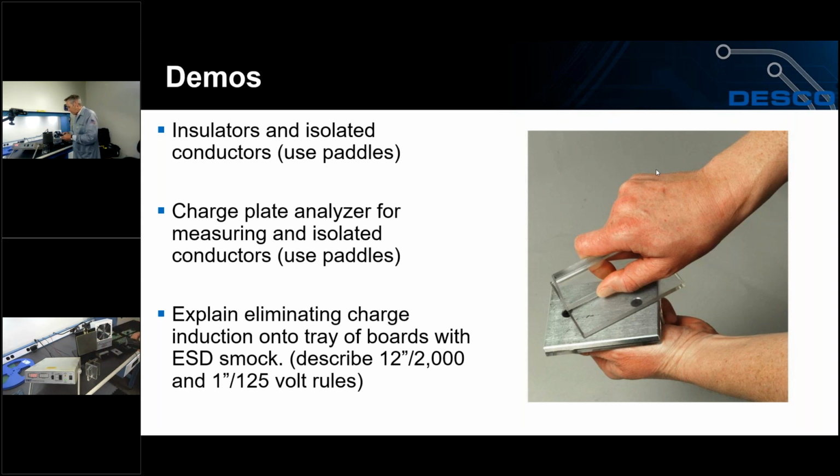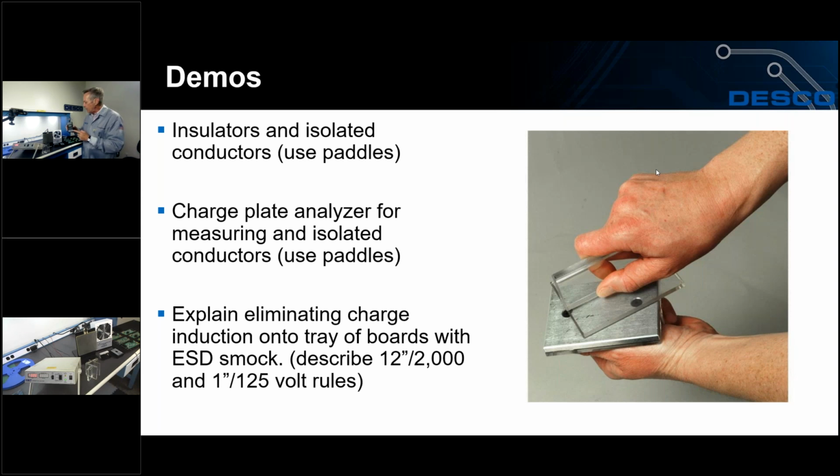One of the tools that I have today is what's called a static field meter. Now, it's important to understand that if you want to measure static on something, you can't just take a voltmeter and touch your probes to your human body or to the IC or something and measure that charge. You need something that will measure the field that's sitting on top of that item that you're testing in particular.